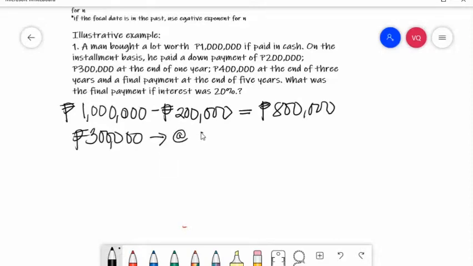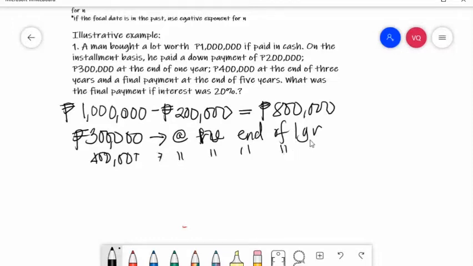So at the end of 1 year, he will pay 300,000 pesos, and 400,000 at the end of 3 years.